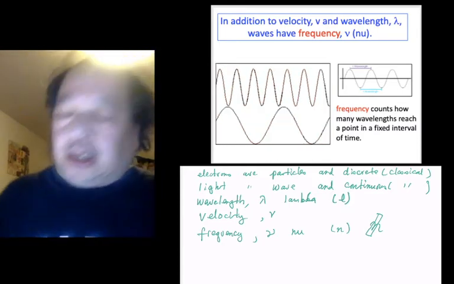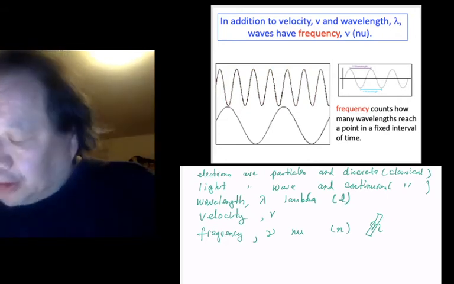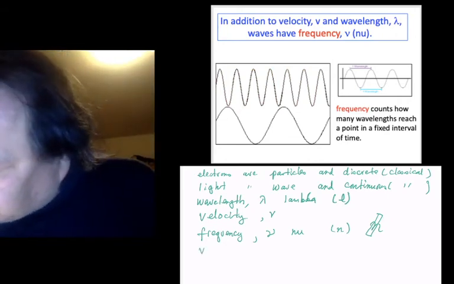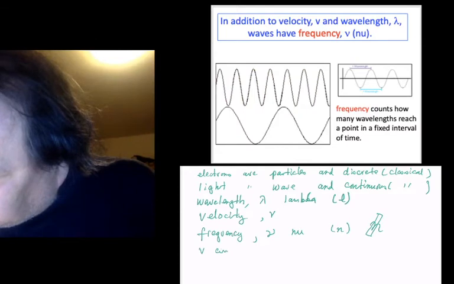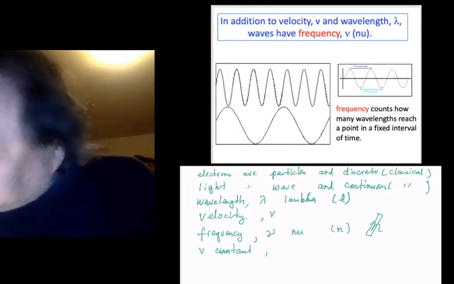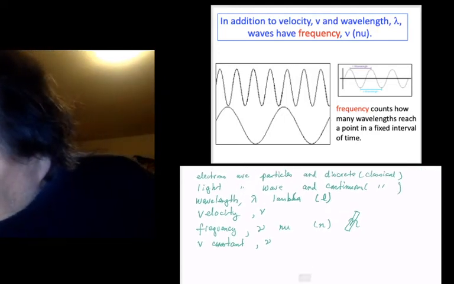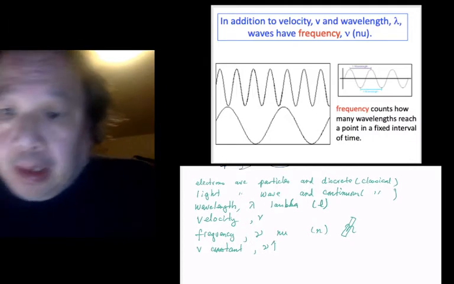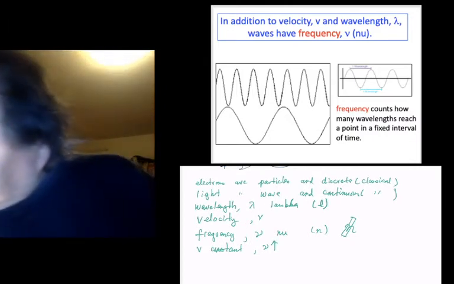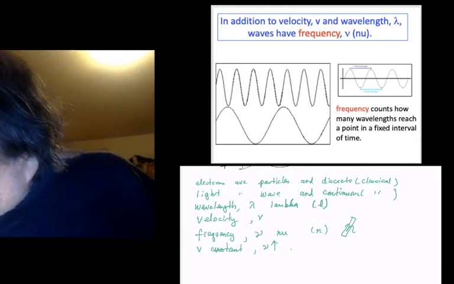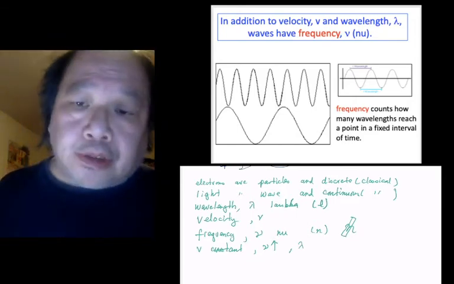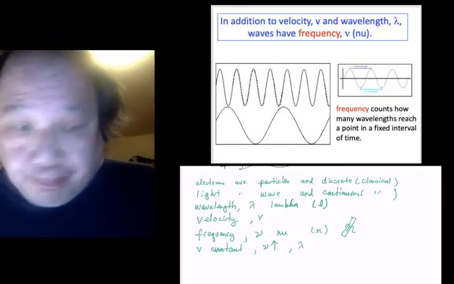And so what you see is that in the top picture, the velocity was constant, and nu was greater. At the same time in the top picture, lambda was, just put in chat, bigger or smaller?